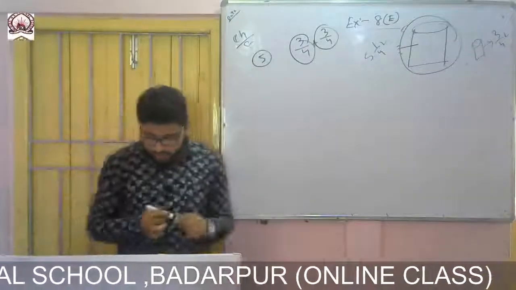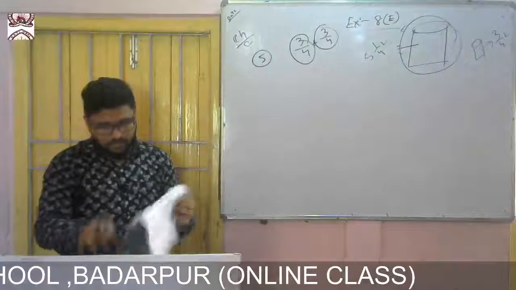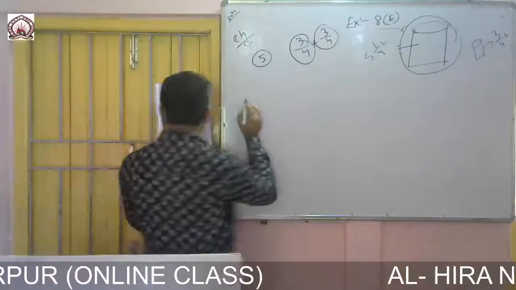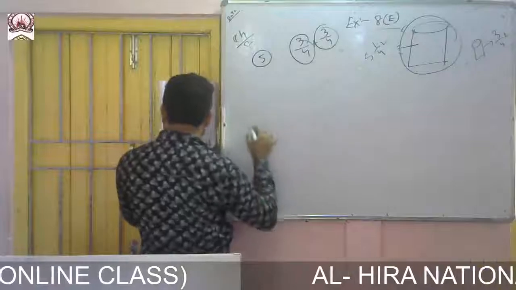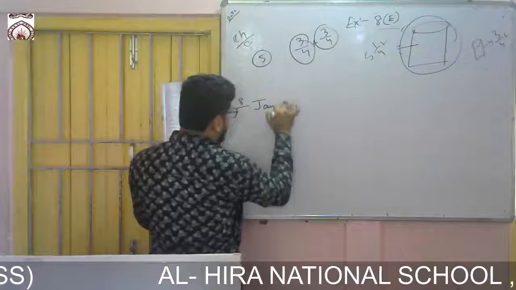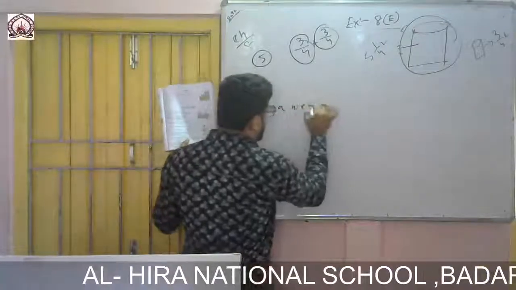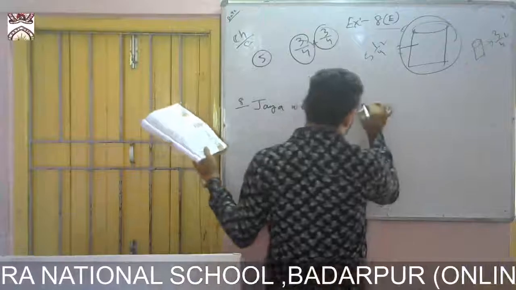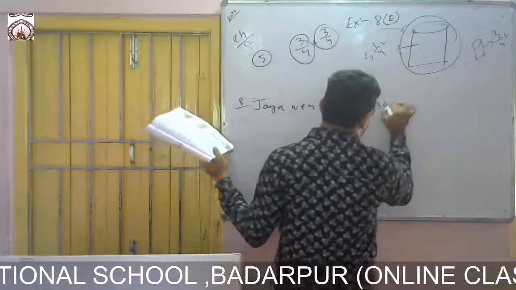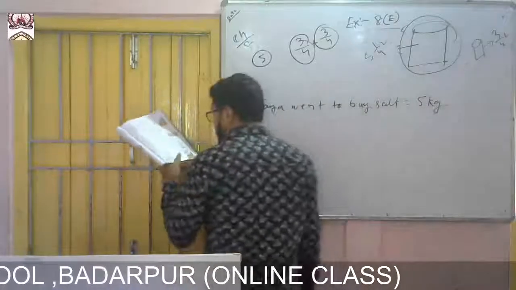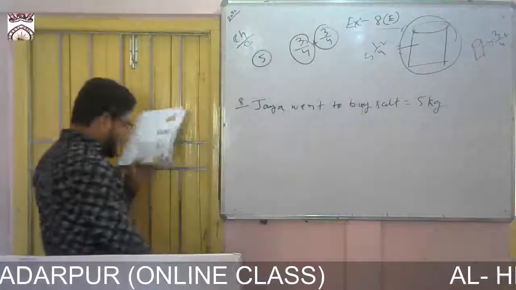Now write. Number 8. Joya went to buy salt equals 5 kg. But she got 2 packets of 3/4 kg.